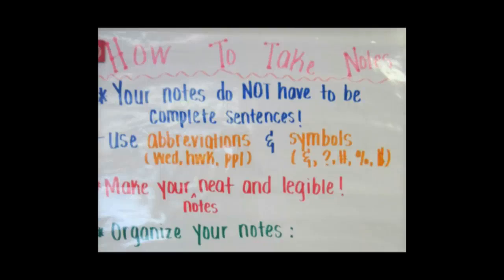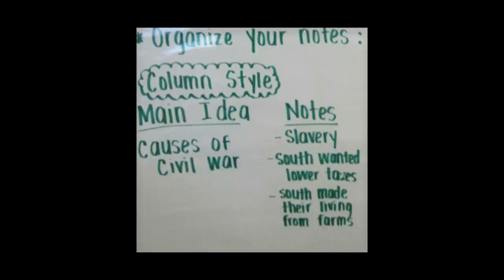There's a few options. One option that might work for you to organize your notes is the column style, where you would list the main idea. In this case, it's the causes of civil war. And then out to the side, you would just jot down in a column the keywords or important topics that you think need to be mentioned.